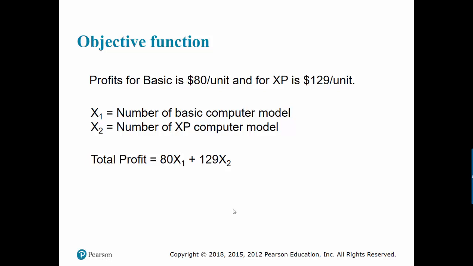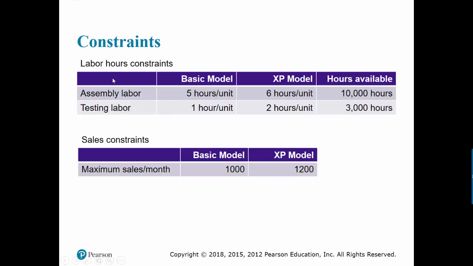Now we have constraints. We have the labor hour constraints. Assembly labor: we need 5 hours for Basic, 6 hours for XP, and we have 10,000 hours available. Testing: we need 1 hour for Basic, 2 hours for XP, with 3,000 available. Then we have the sales constraints, 1,000 and 1,200.